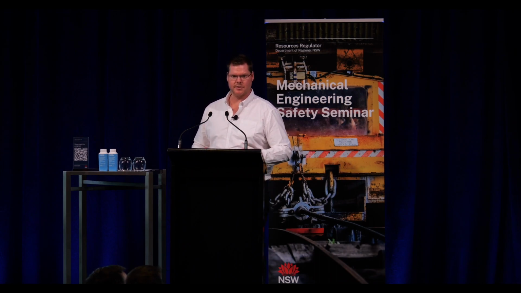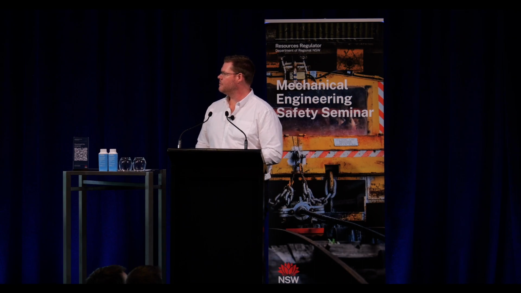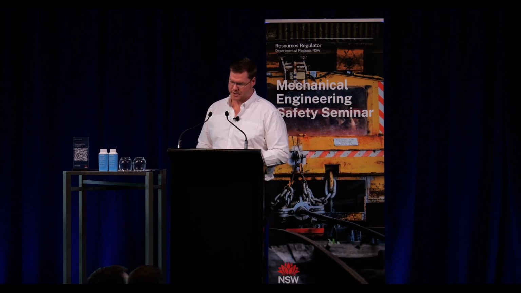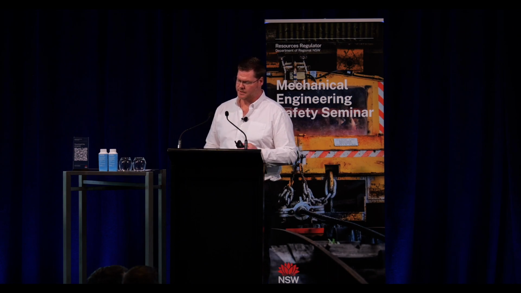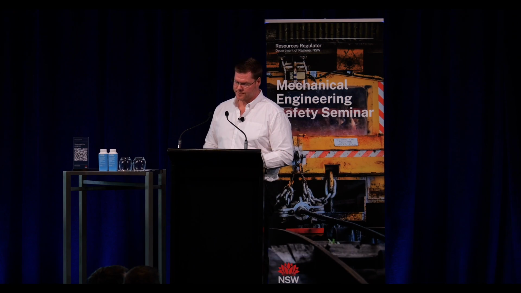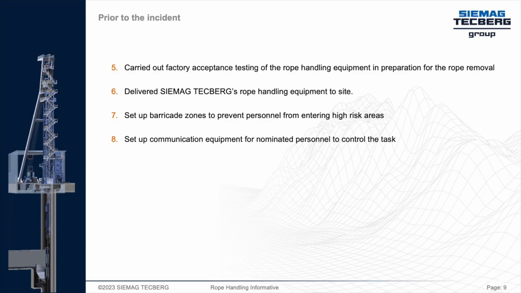We often set those up in the workshops for that specific task once we know what the rope handling activity is, what the loads are, and then we deliver those to site, and we set up the site barricading zones to prevent personnel from entering the high-risk areas. And we set up communication equipment for the nominated personnel to control the task.